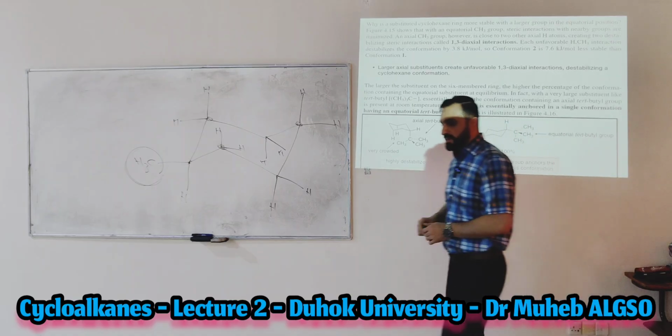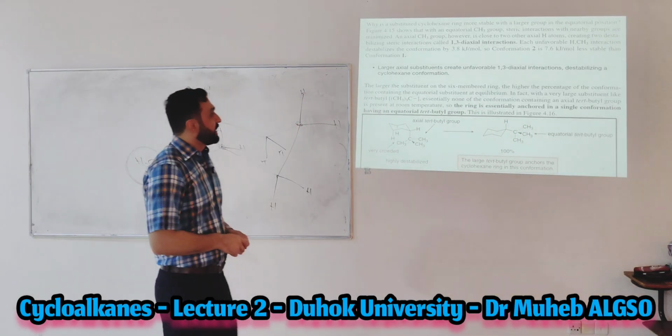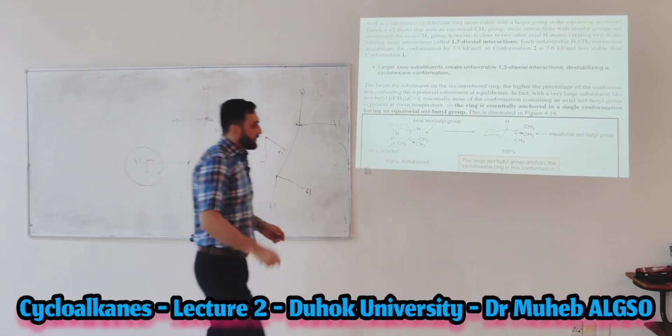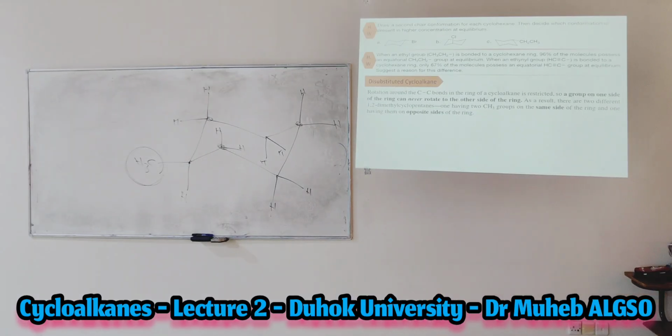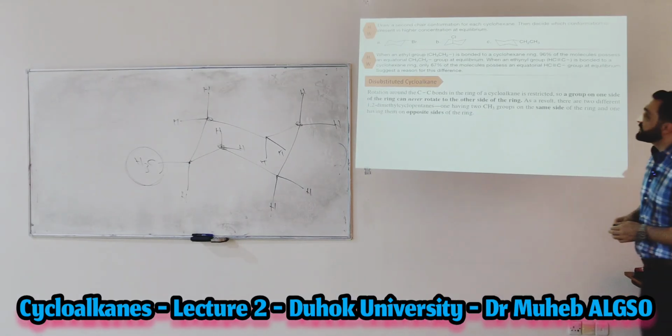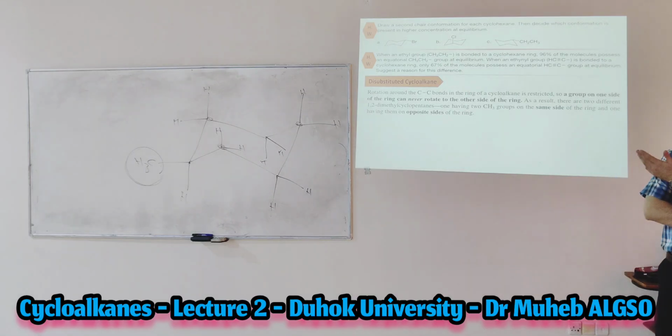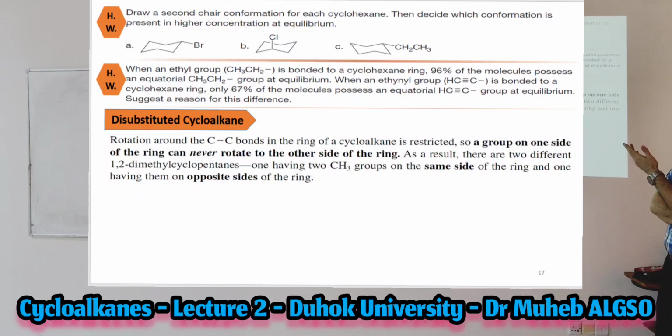Do you have a question? So, if we go to the next slide, homework: draw the second chair conformation. As I told you before, such problems can come to you in your exam.